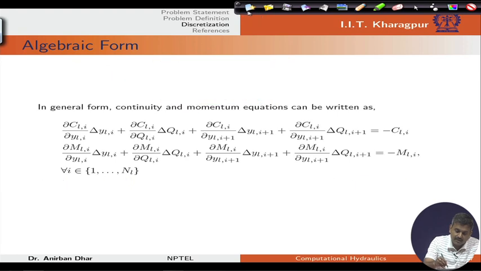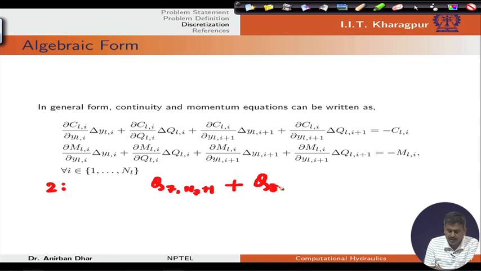If we consider the conditions for junction node 2, we will have Q7 at N7 plus 1 added, again Q8 at N8 plus 1 added to the junction.